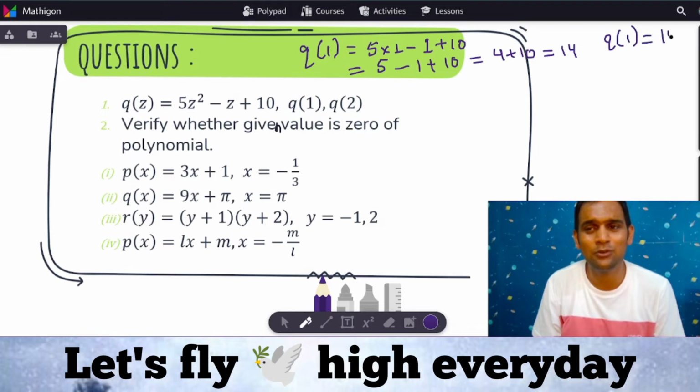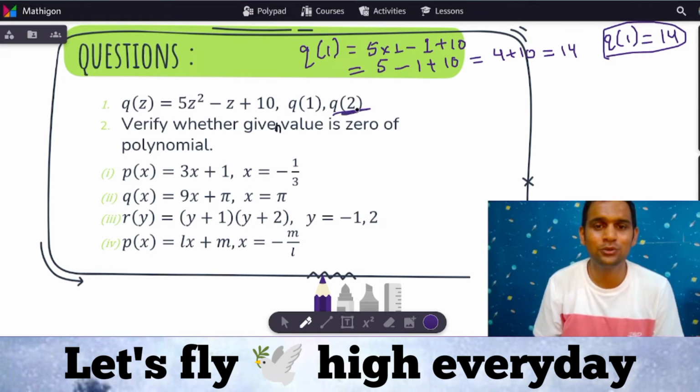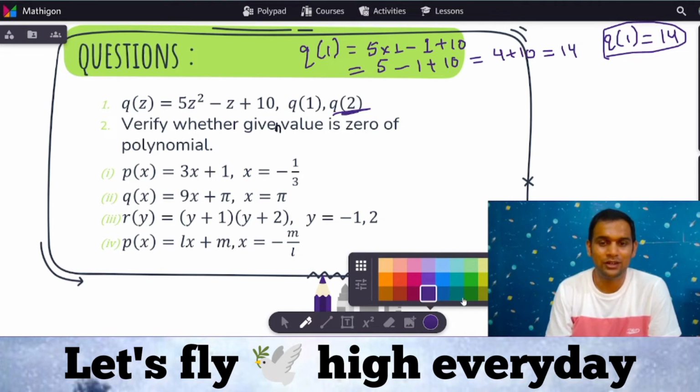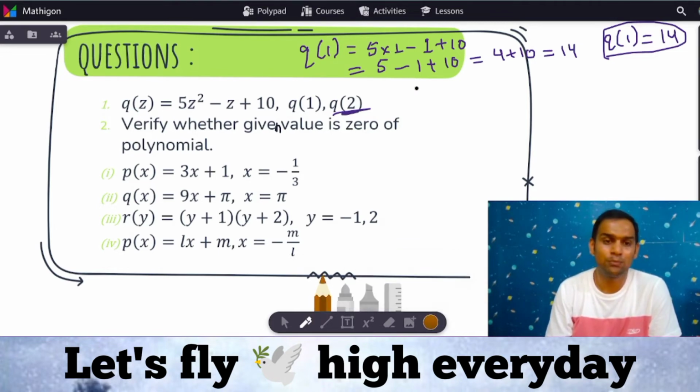So can we say that 1 is a zero of the polynomial? Absolutely not. So 1 is not a zero of the polynomial. Let's try to understand the value of q of 2 and then verify if it's a zero of the polynomial q of z. So q of 2 is 5 times 2 squared minus 2 plus 10.